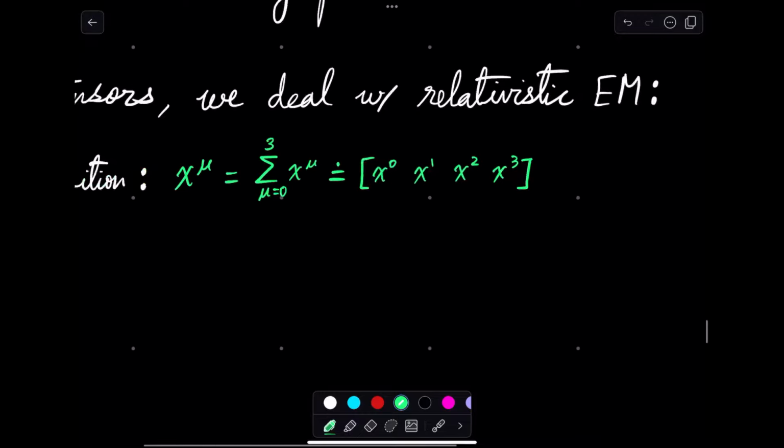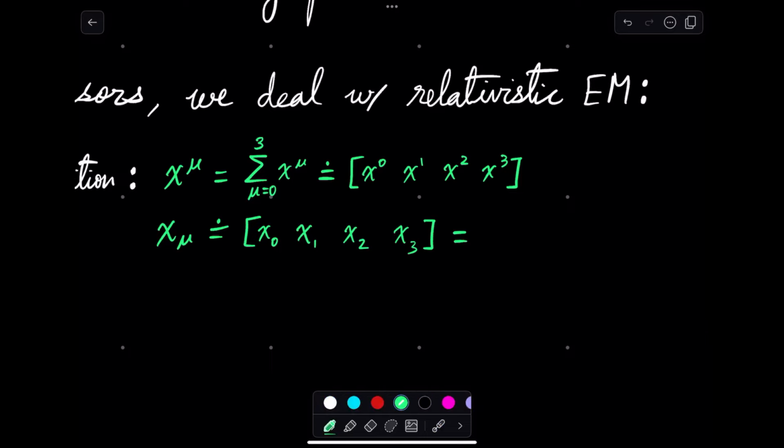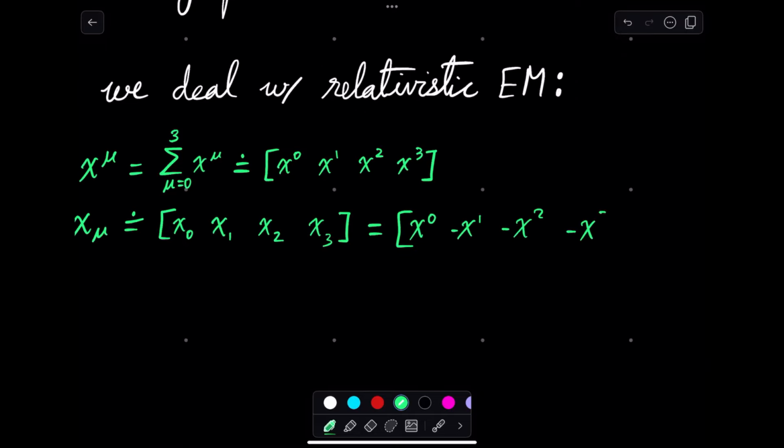And there's also something in tensor mechanics where you can have it subscript, where it's again a sum, but what this means is that you have the subscript here, but then you have a negative sign. So x1, x2, x3, and the way that this is related to x superscript mu is x0 minus x1 minus x2 minus x3.